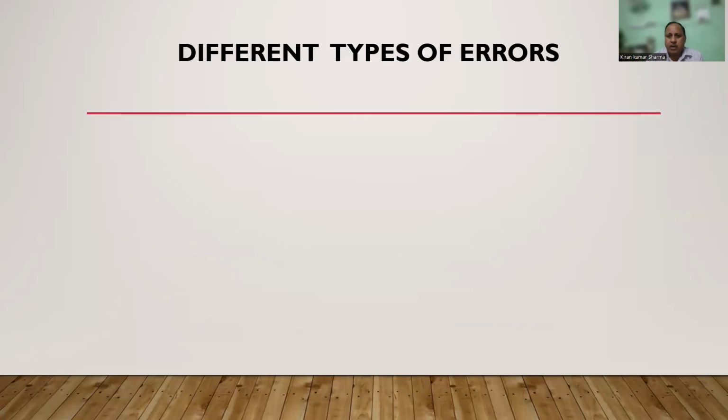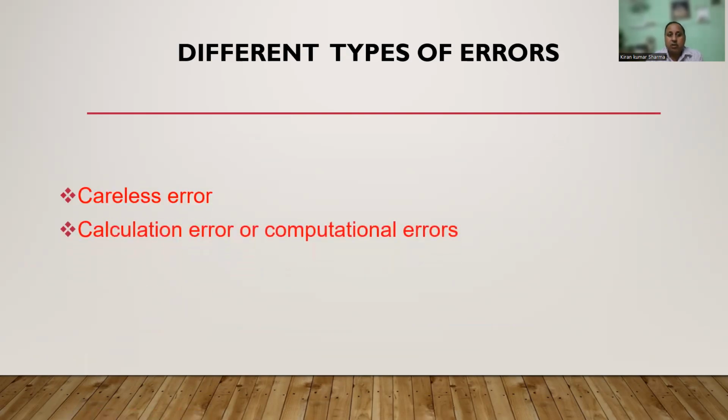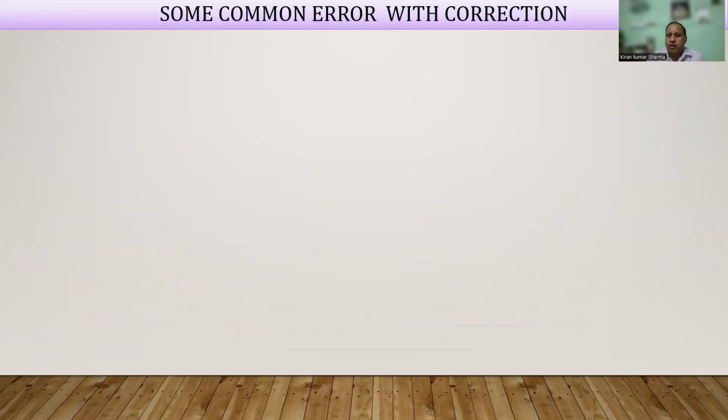Different types of errors made by students: careless error, calculation error or computational error, and conceptual error. So I will explain some common errors with correction, with some examples from +2 class.